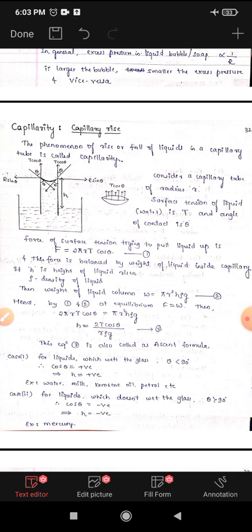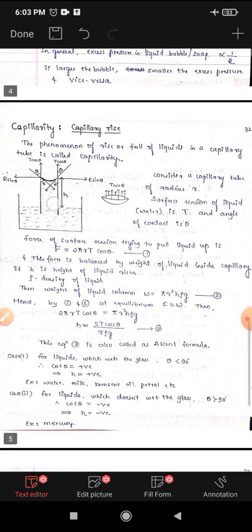The weight of the liquid column is W equal to pi r square h rho g. Here pi r square h is the volume of the cylinder, because the capillary is cylindrical in shape. Volume into density gives the mass, and into g gives the weight. So W is equal to pi r square h rho g.